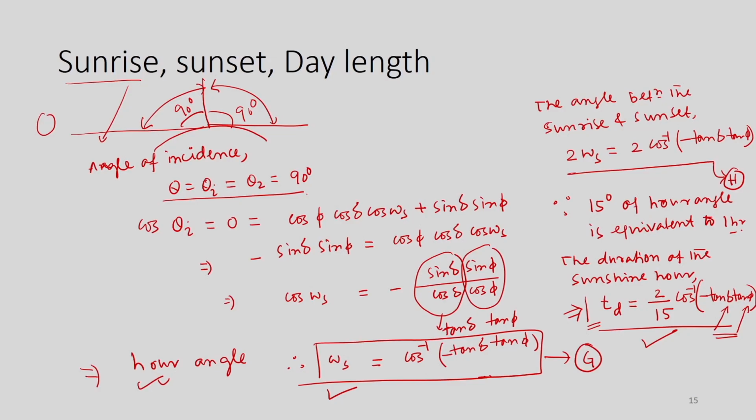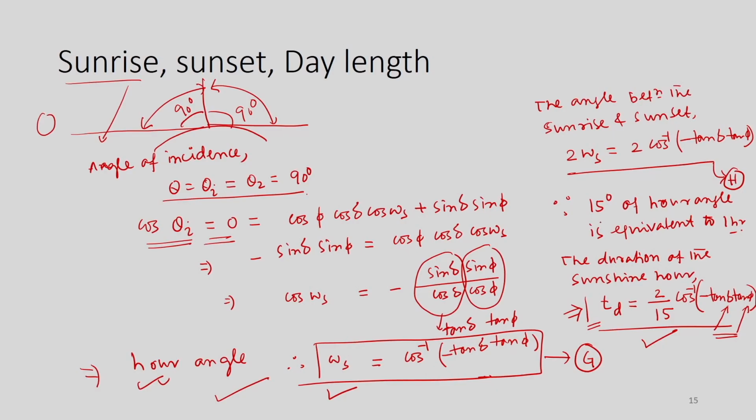So, what we have discussed in these slides is how to calculate the day length. The angle of incidence is 90 degree for sunrise and sunset. If we substitute the value of 90 degree in cos theta I and simplify, we finally get the hour angle for sunrise, and the same expression holds good for sunset as well.